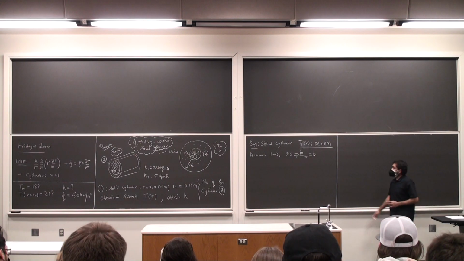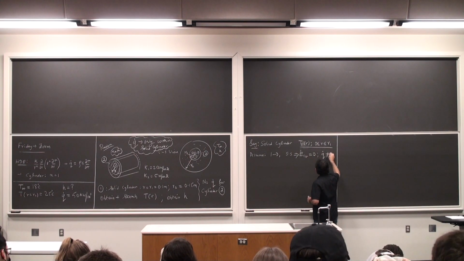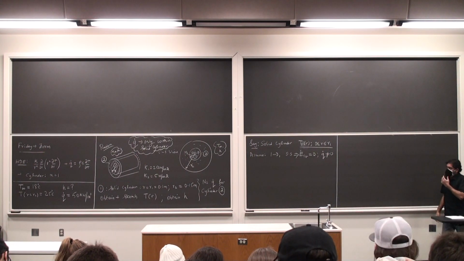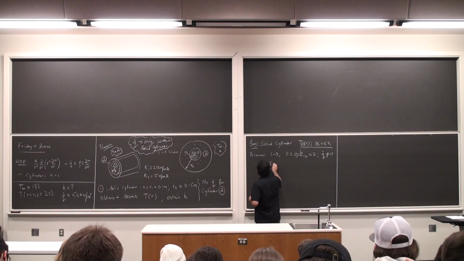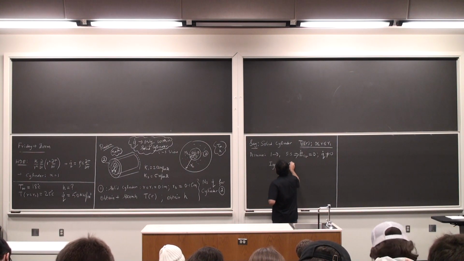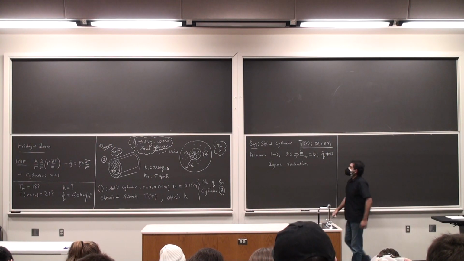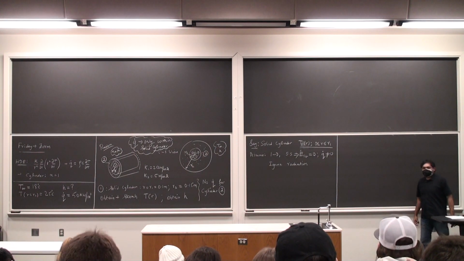Q dot is no longer zero for me. That's not an assumption, that's actually given to me in the problem statement. There is no information on radiation, so I'm going to ignore radiation. So these are my assumptions.